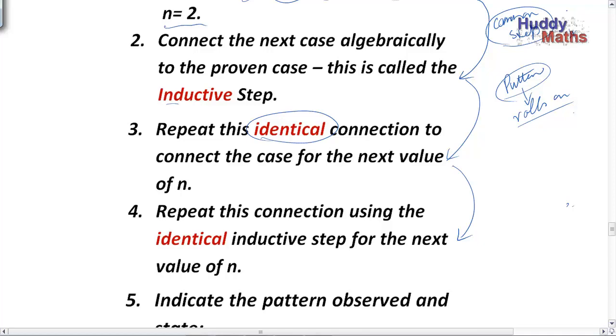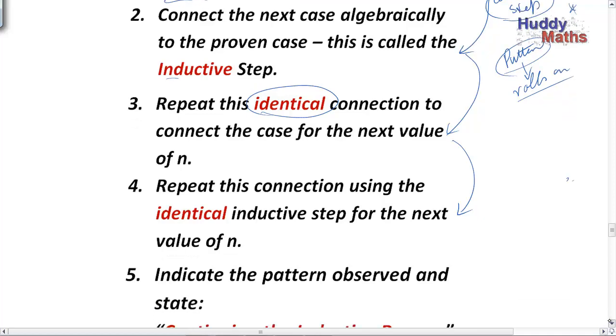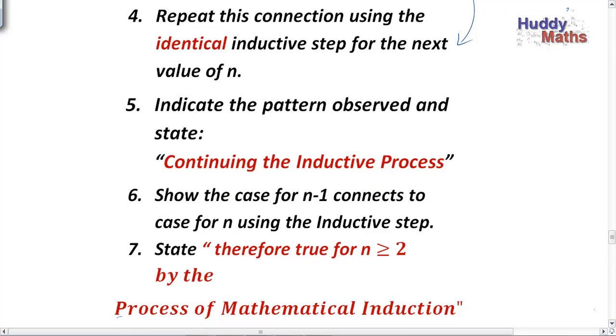I'm going to do an example and get you to do one. Indicate the pattern observed, this is your setting out of the connection going on from one to the other. You must make this statement, continuing the inductive process, and then show the case for n minus 1 connects to the case for n using it.